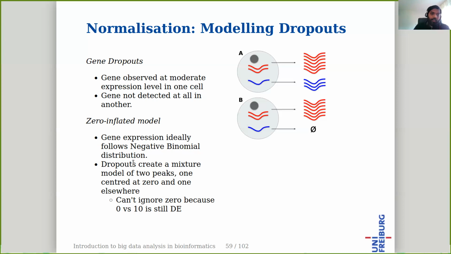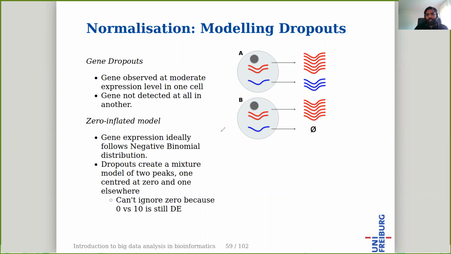But as we have a lot of zeros because of these gene dropouts, we get a mixture model of two peaks. One is centered at 0, and the other is elsewhere, at the expression levels.